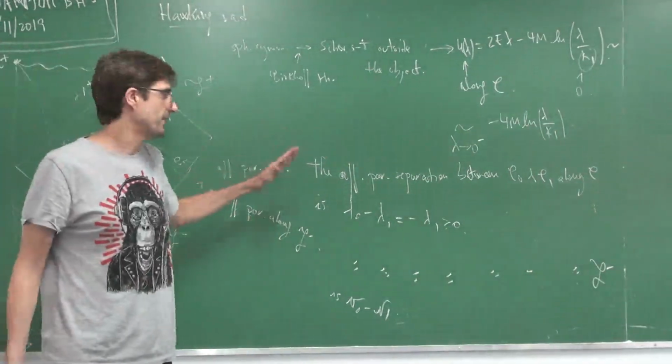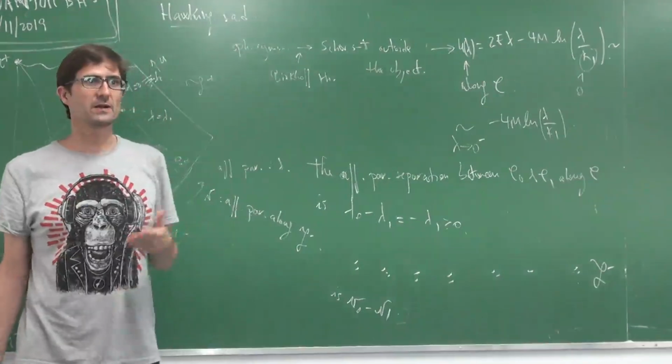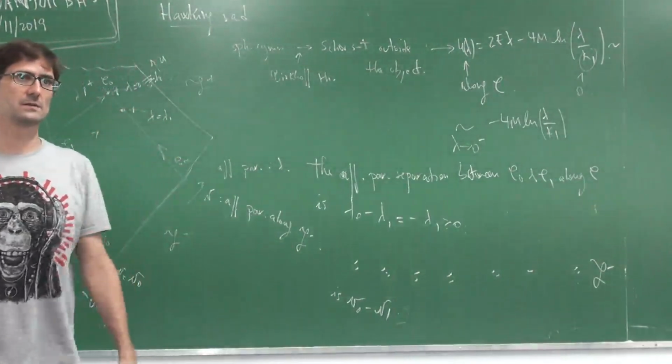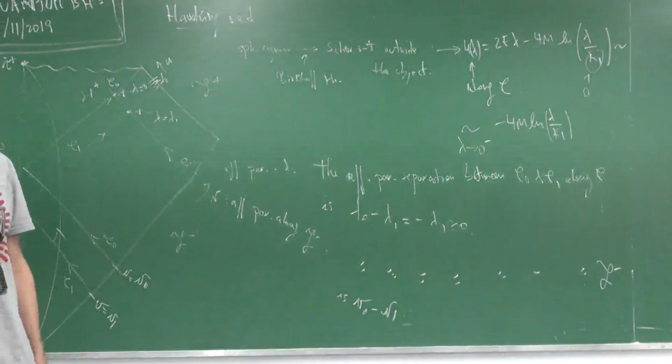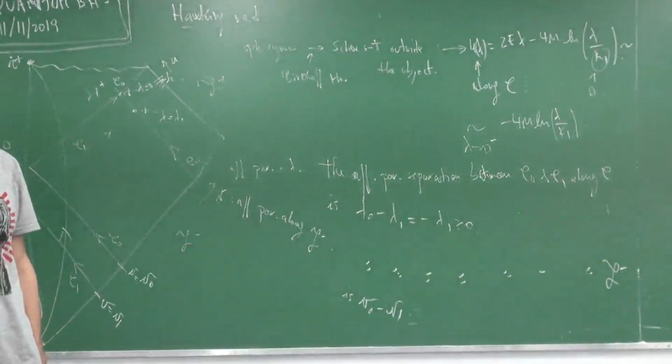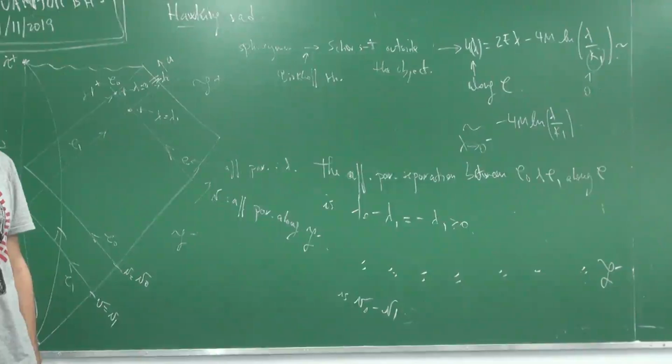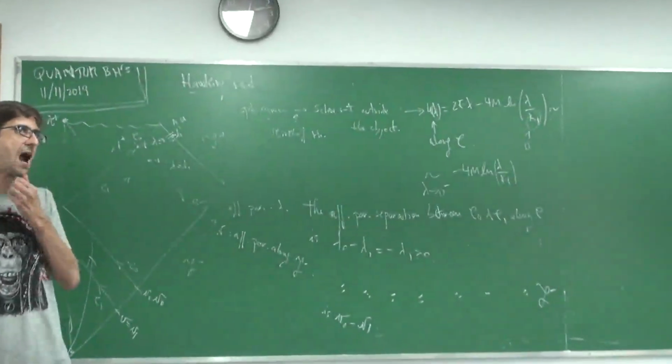What is the affine parameter separation between C0 and C1 along the strike box? It is U of V1 minus U of V0. Well, what is U of V0?